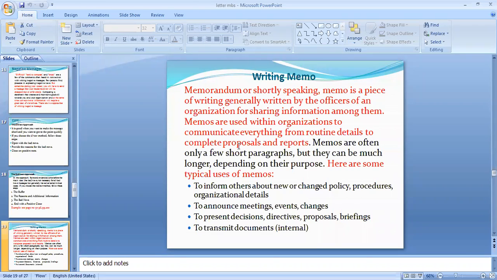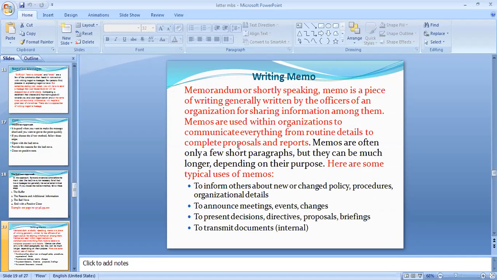If I'm the information officer of an organization and I want to share a message with the whole staff of that office, it is not possible to inform them personally.